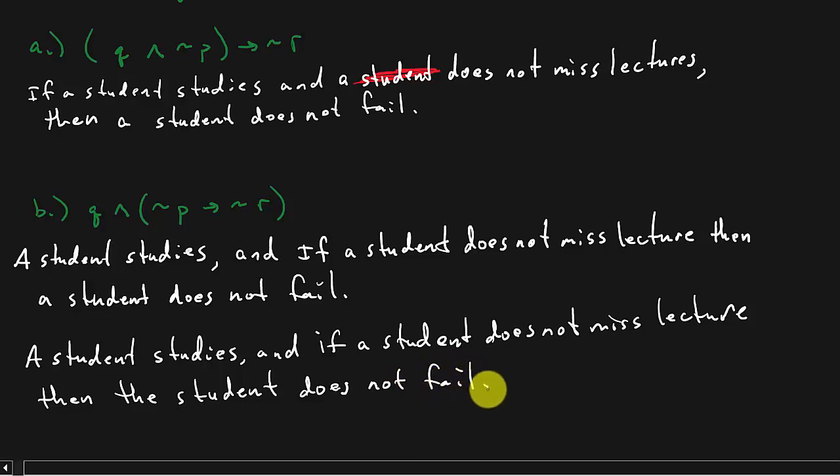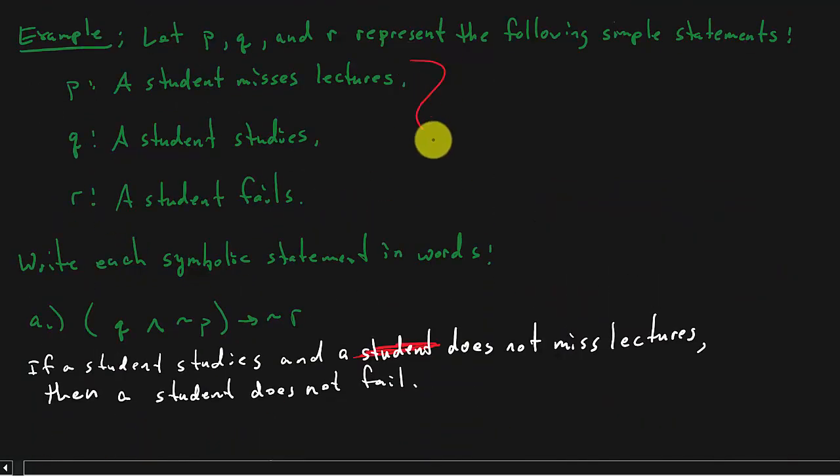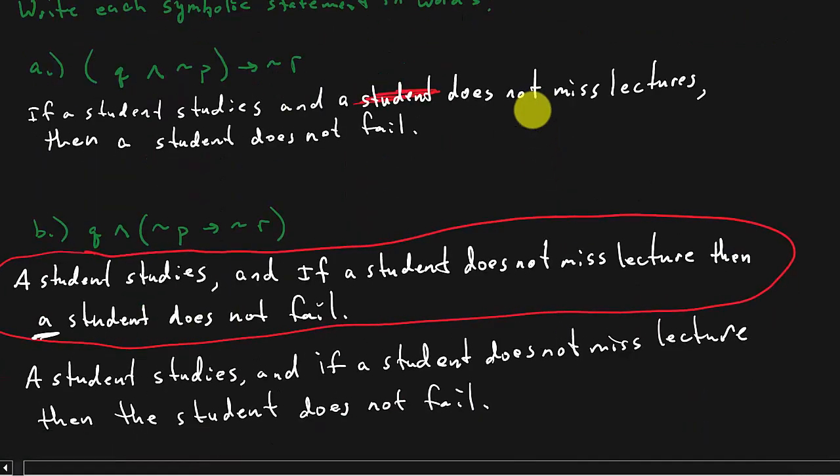So I just cleaned up what I wrote. You see, I changed the A to the. I wrote, if a student does not miss the lecture, then the student does not fail. That makes more sense. Just remember, this first thing that I write is just writing out what it says and rewriting these statements. And then I go back and rewrite it to make sense.